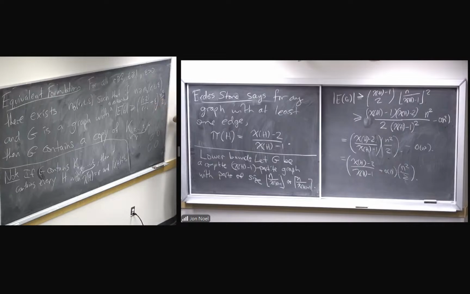If n is big enough with respect to H and epsilon, then the extremal number is at most this. So choosing n big with respect to r and t is the same as choosing it big with respect to the graph H, because r and t determine the graph. So yes, it is the same statement.